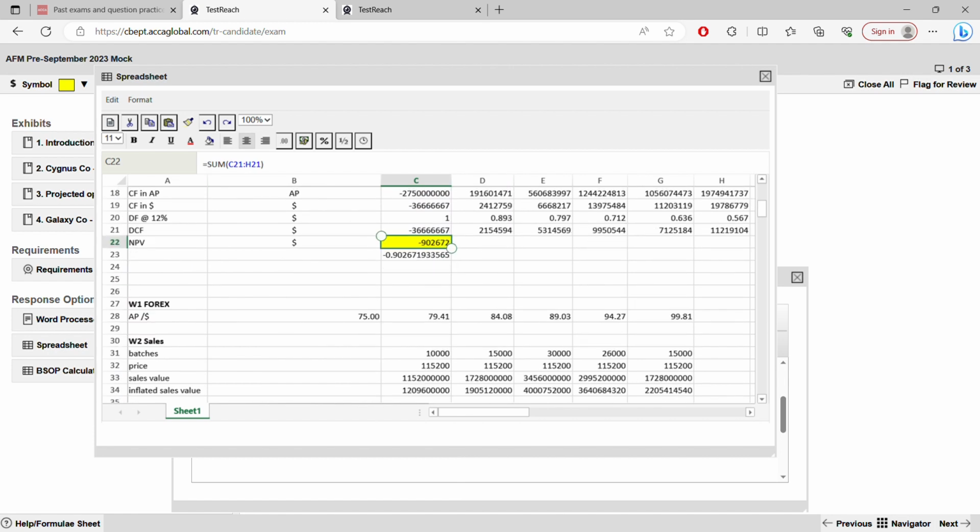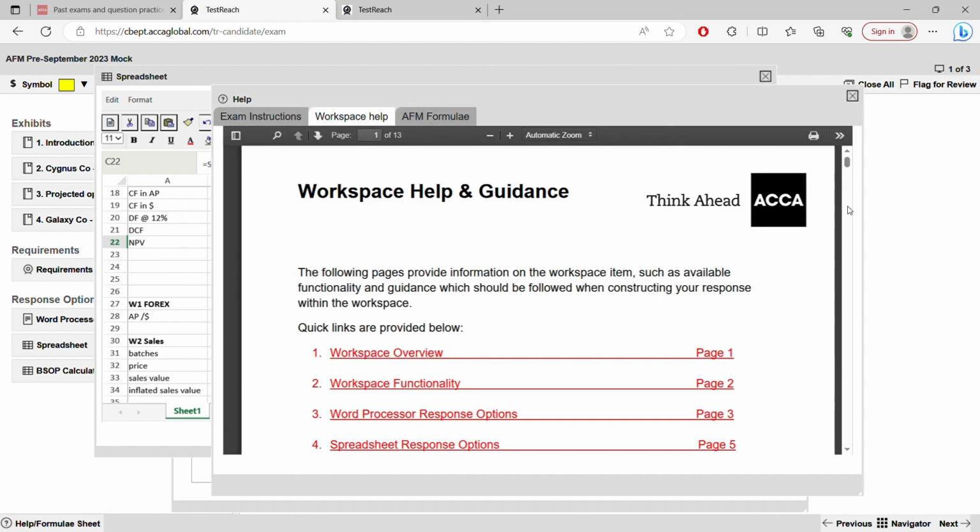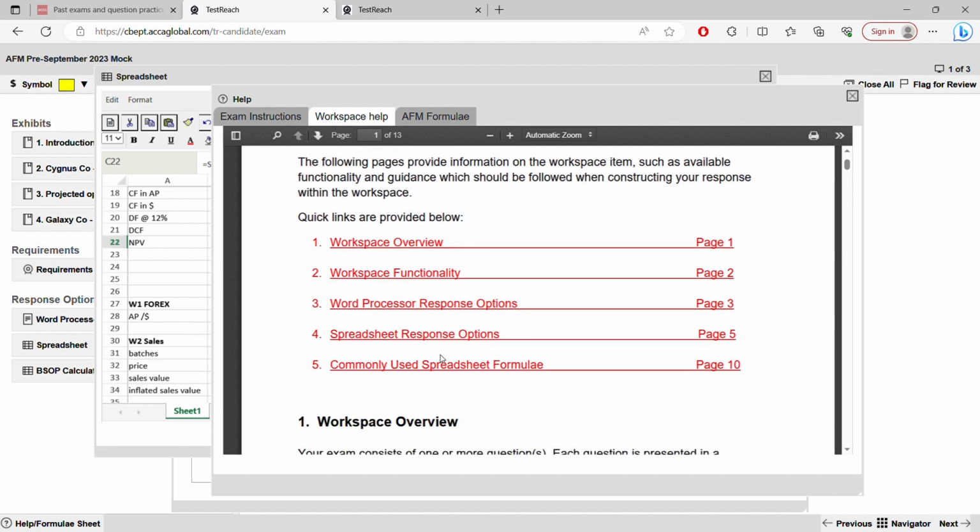That means you don't have to copy paste this discount factor like this and then discount. No. After you get the cash flow in dollar, straight away you can find the net present value by using a function. How? I will show you how. Go to help, formula, workspace help. Okay. Then commonly used spreadsheet function.